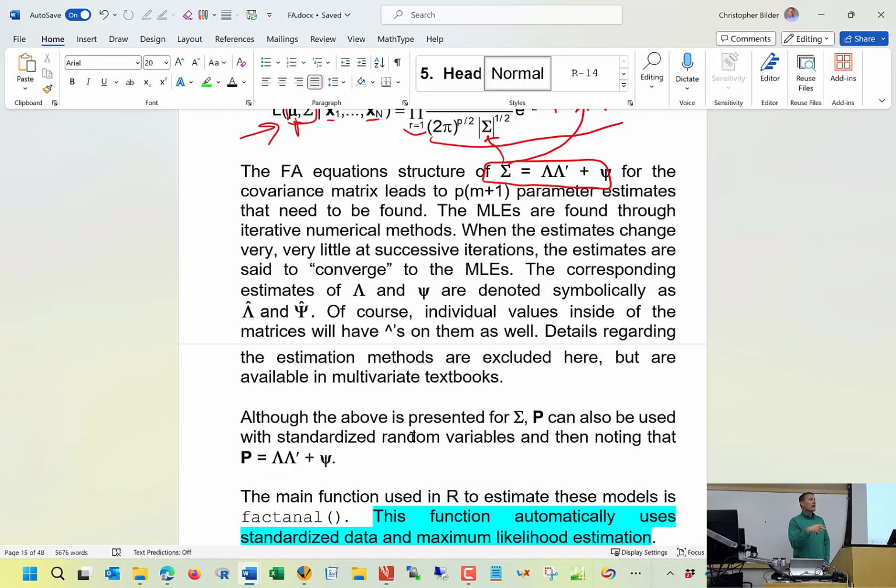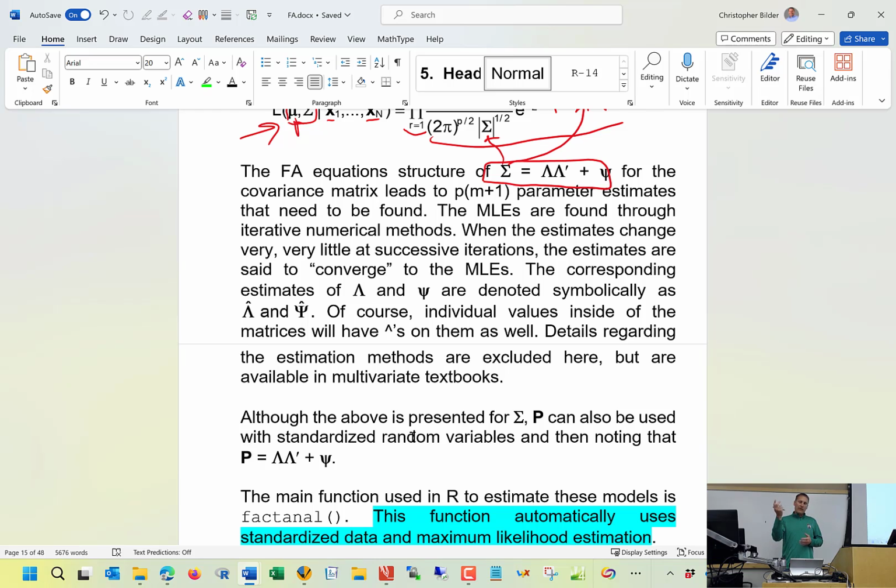Instead, what I'm going to do is come up with an initial set of parameter estimates, so initial guesses for the lambdas and psis. And then I'm going to use a numerical iterative procedure, maybe, for example, the Newton-Raphson procedure, to come up with a new set of lambdas and psis that are hopefully going to be better, that are going to maximize or make that likelihood function bigger.